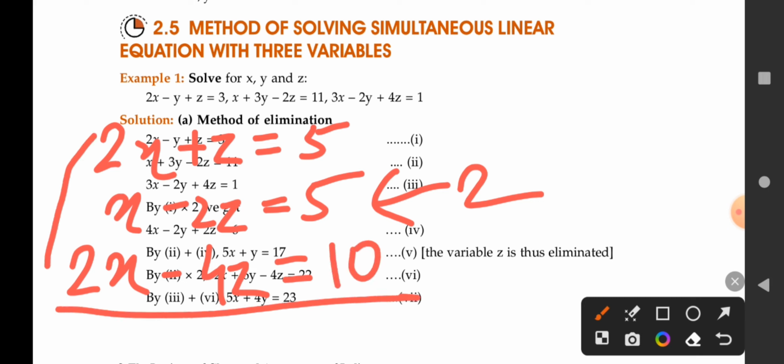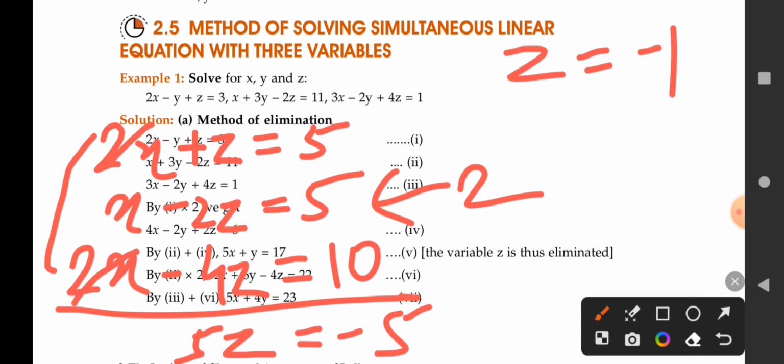Now subtract these two. So this gets cancelled. You have 5z is equal to 5 minus 10 is minus 5. So z is equal to minus 1. Correct? Right. So y was minus 2.